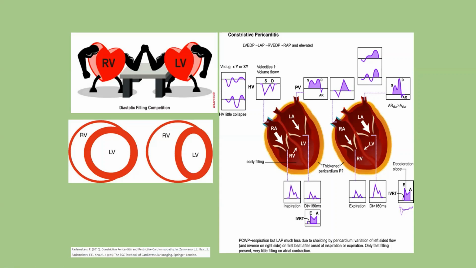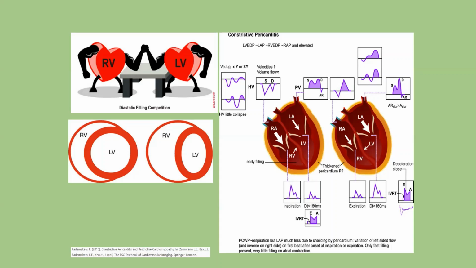Does left atrial blood increase during inspiration or expiration, and why? It increases with expiration, and it decreases with inspiration. Why does the venous return to the left atrium decrease during inspiration? This is physiological. Why does that happen?